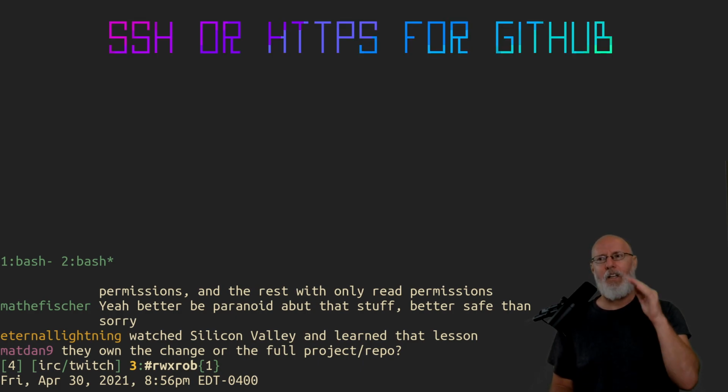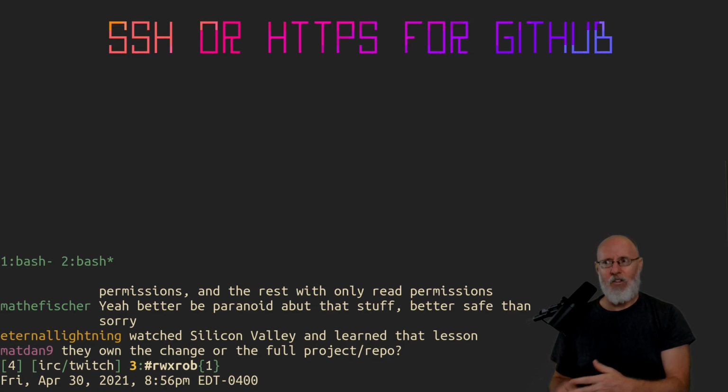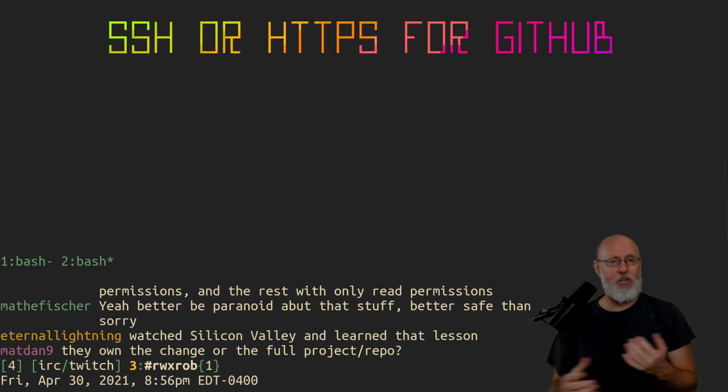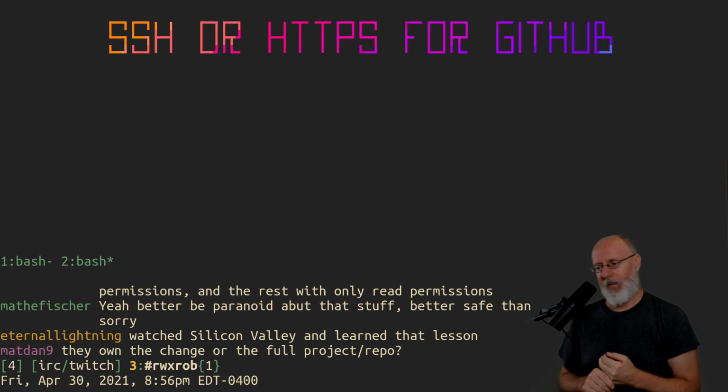Because if you have HTTP access, they could argue that you're logging in using HTTPS to make commits. So it defeats the entire purpose of having a read-only copy of a repo on a work system or some other system that you want to be secure. So there.